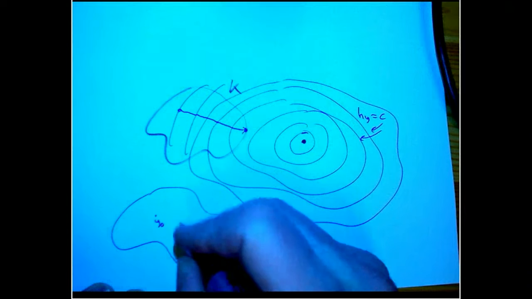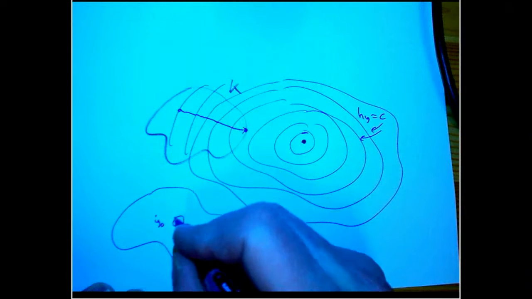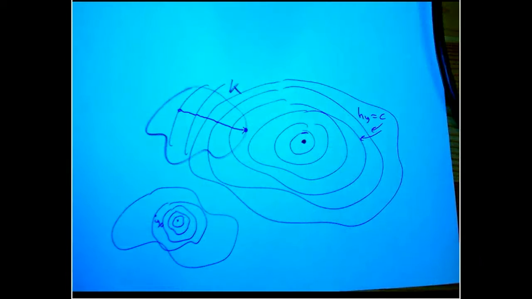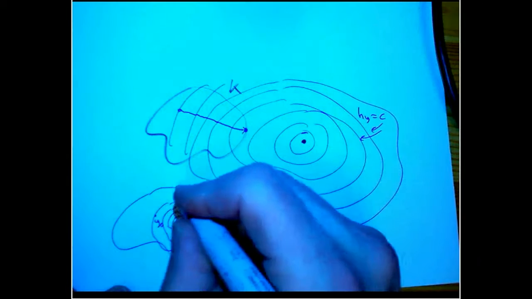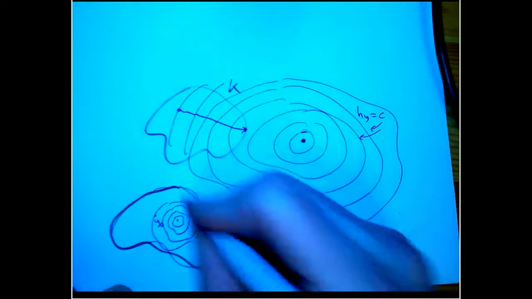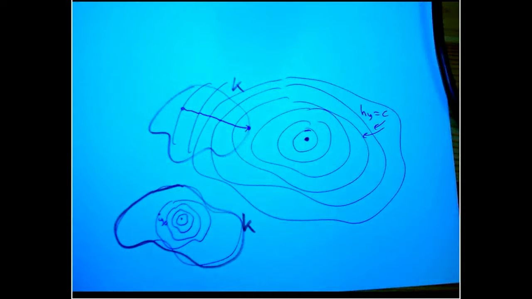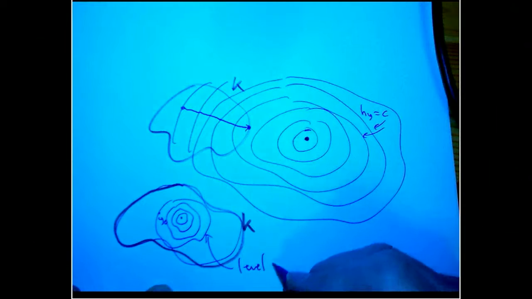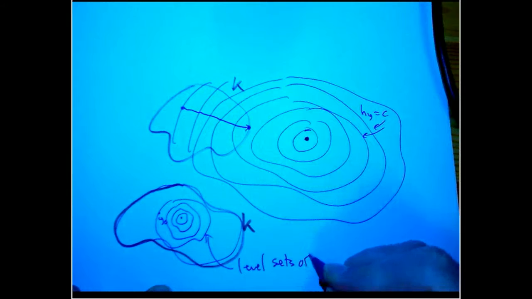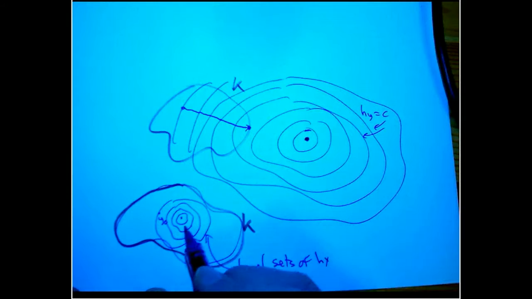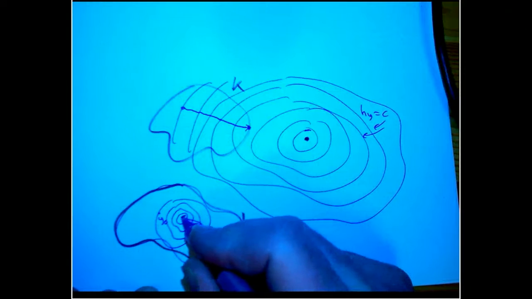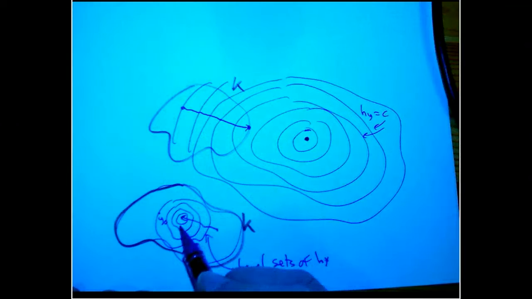Here's y naught, and here's the picture of the level sets. So here's k again. We wanted to make sure that the level sets of hy look more like this picture, where if you start at some random point and you drive in, the only reason you're going to stop is you've hit the critical point.